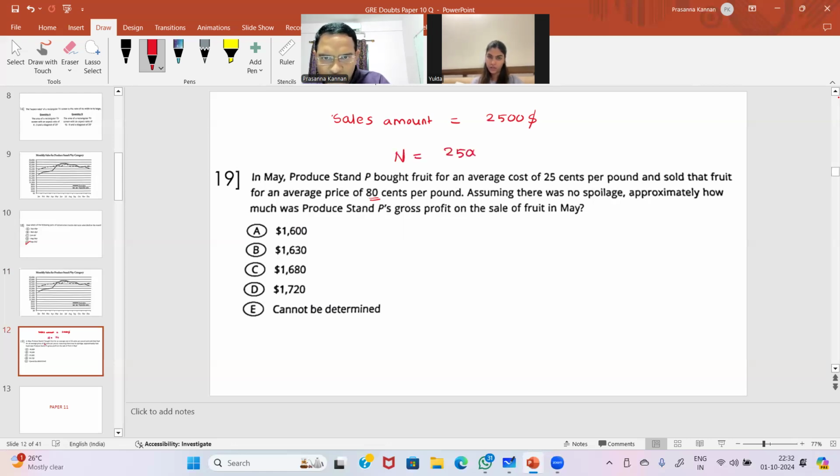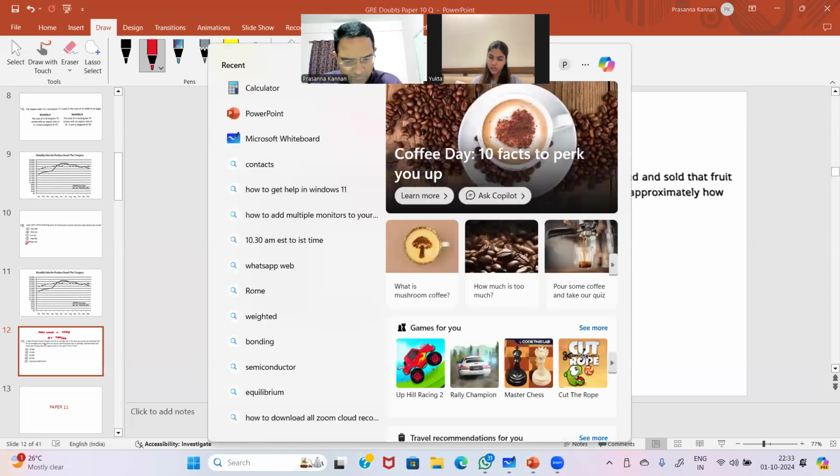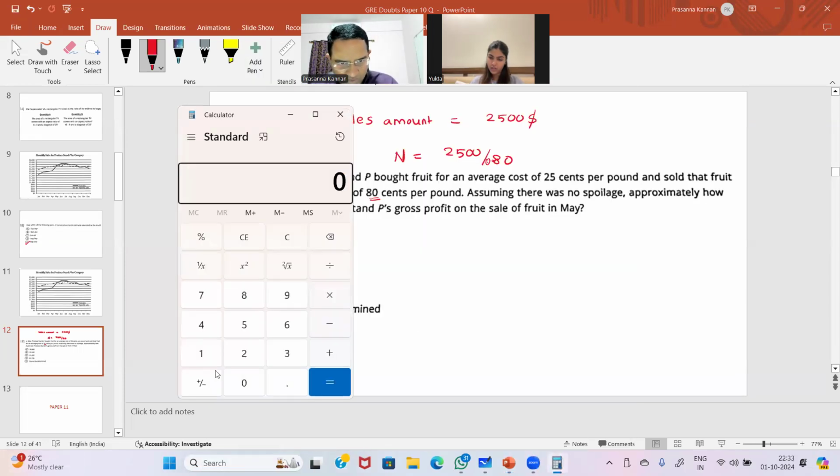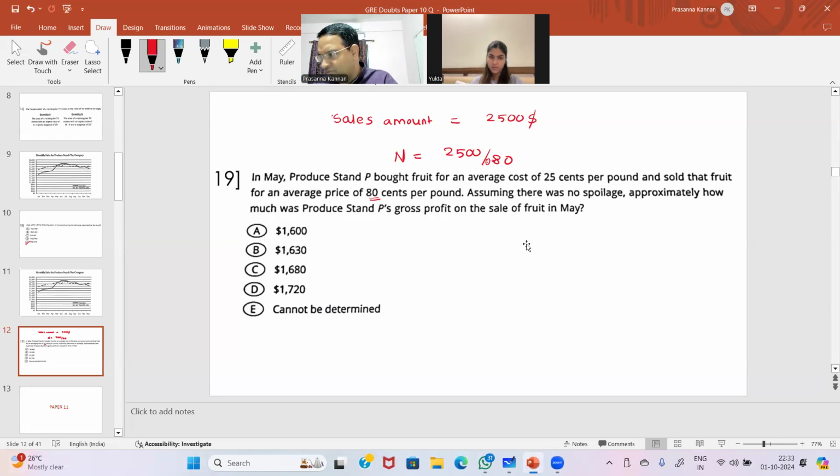So that's 2,500 upon 80, right? Oh, that's dollars, right? So 0.8. That's 25,000 divided by 8. So 3,125 pounds he had sold.